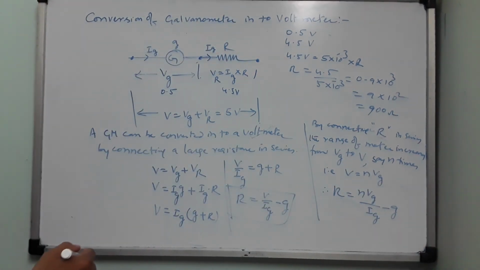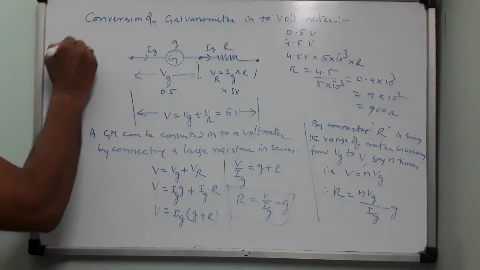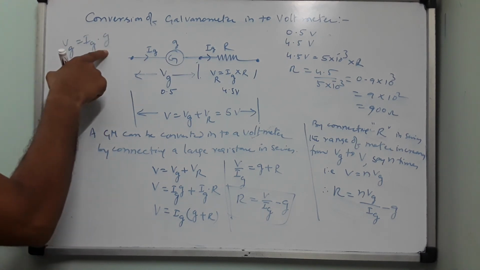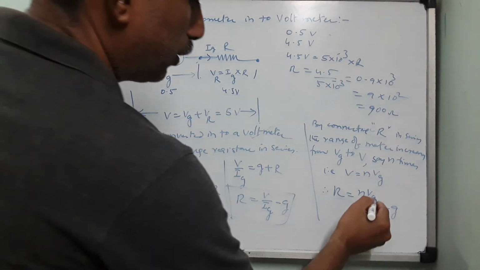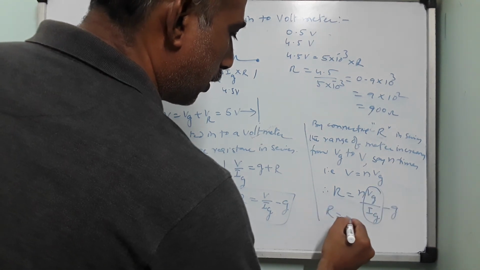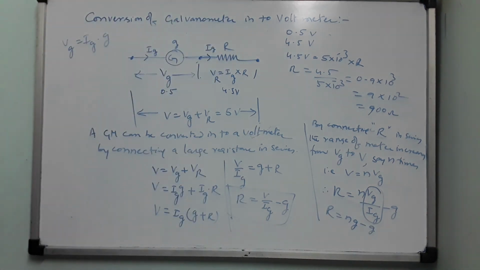What is Vg by Ig, children? Vg equals to Ig into G. So Vg by Ig is nothing but what? G. So this factor Vg by Ig I can replace with the galvanometer resistance G, so R equals n into G minus G. Okay.